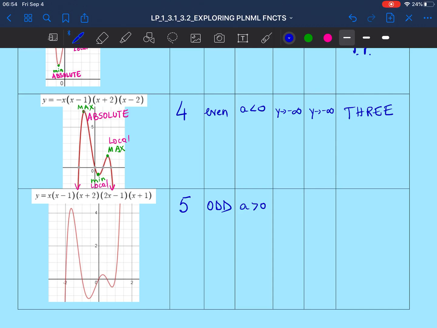Now, let's take a look at the end behavior. As x approaches negative infinity, the y values are going down, further down, negative infinity. So y approaches negative infinity. As x approaches positive infinity, the y values approach positive infinity.